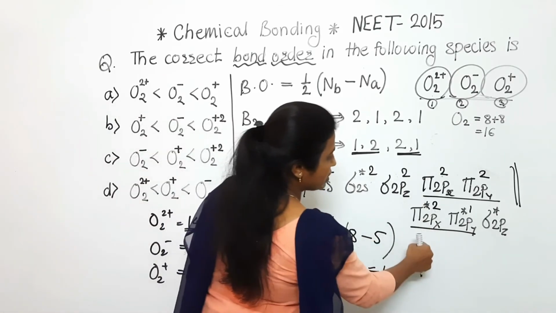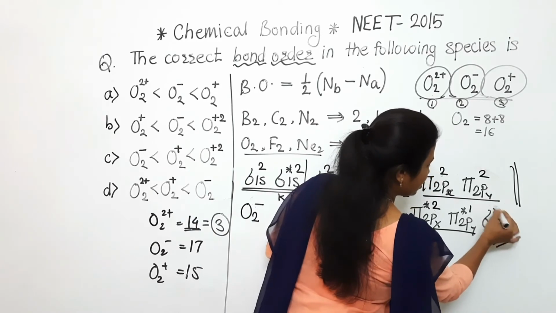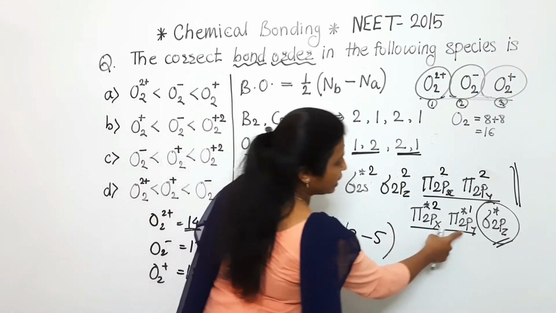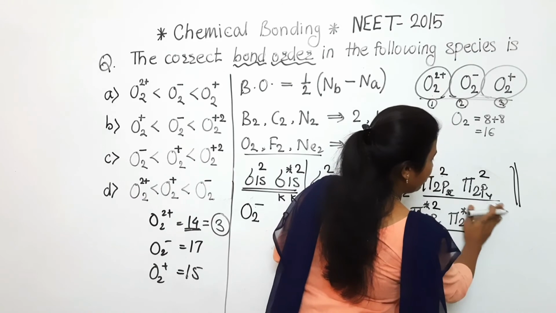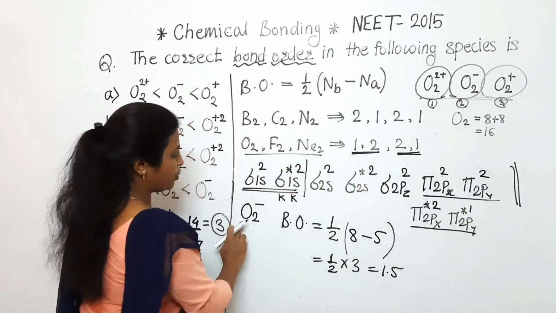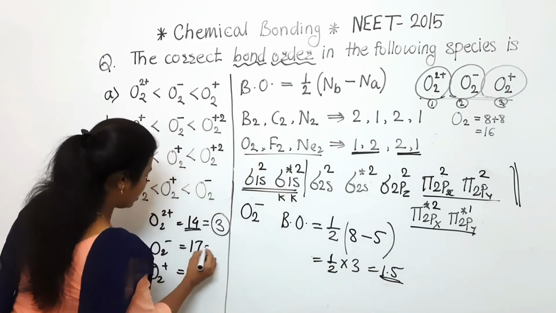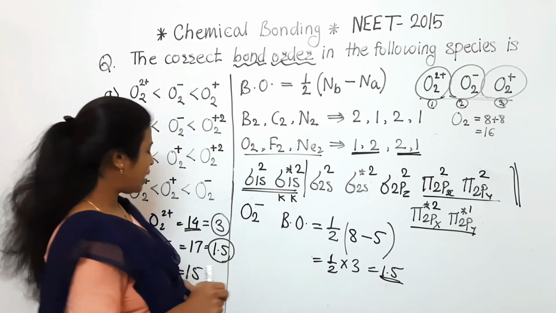When we are writing this electronic configuration, there is no need to write this part, because the electrons are entered only up to this one, so we are just removing it. Clear to everyone? So this is the electronic configuration of O2 minus and this is the bond order, 1.5.